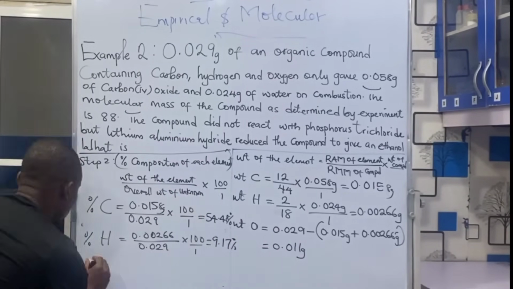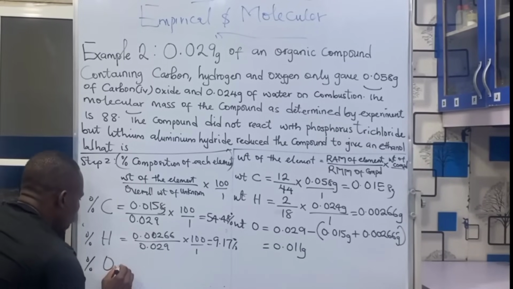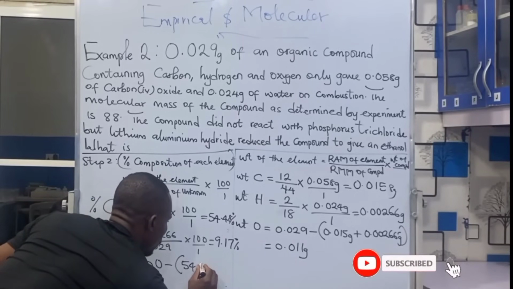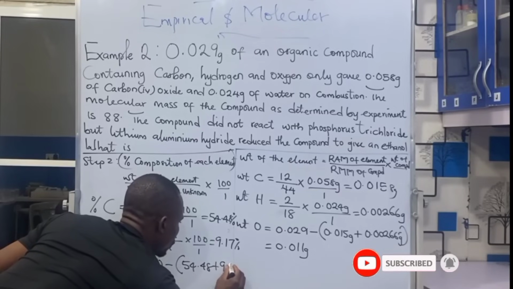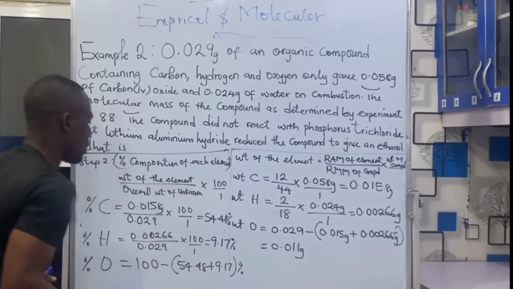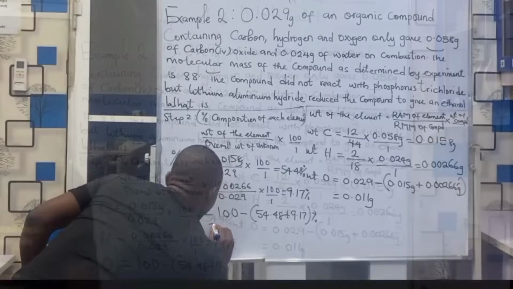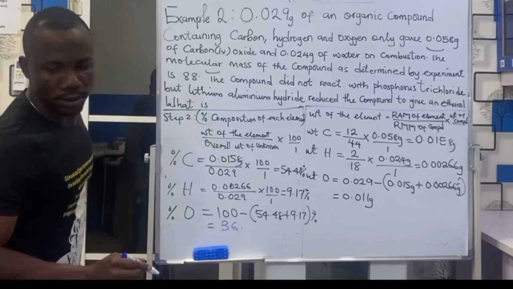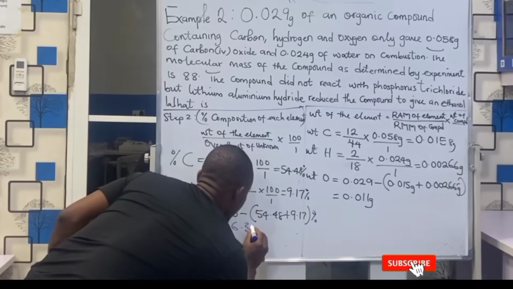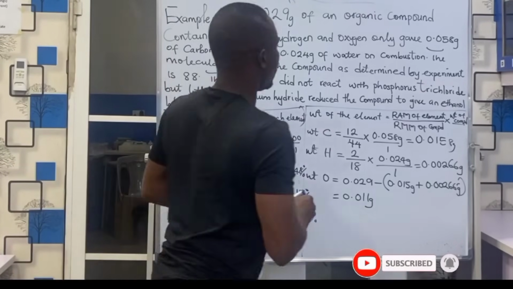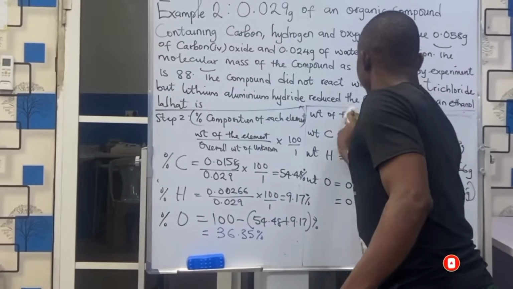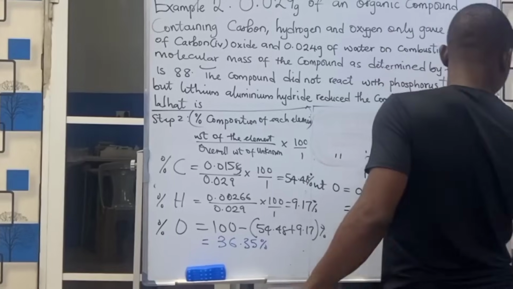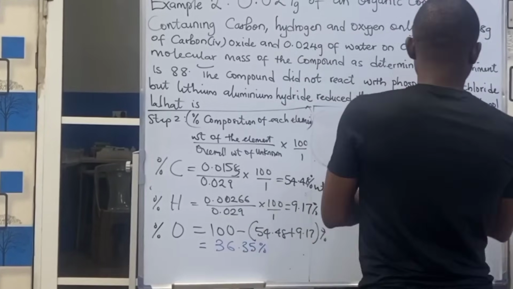And then, same method as previously mentioned, for oxygen: 100 minus the bracket of 54.48 plus 9.17 in percentage. Working this, our percentage of oxygen will be 36.35%. So we are almost wrapping up the percentage composition of all the elements.